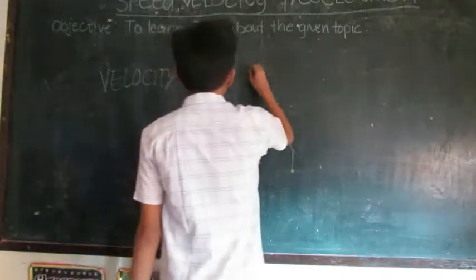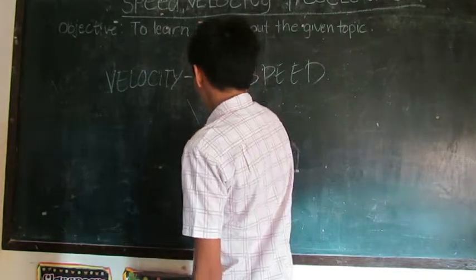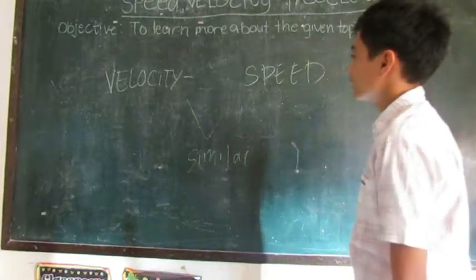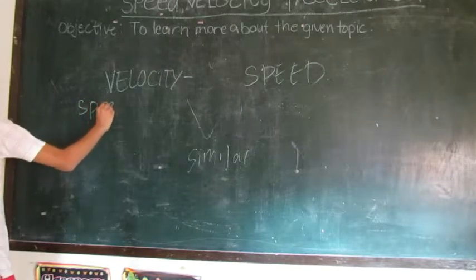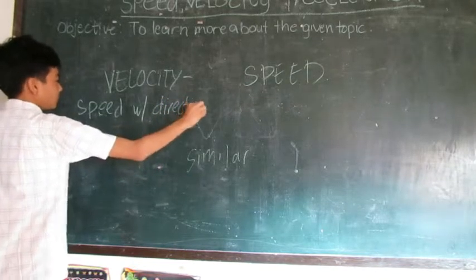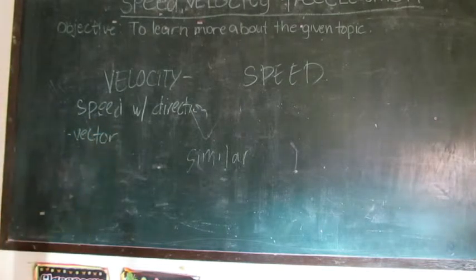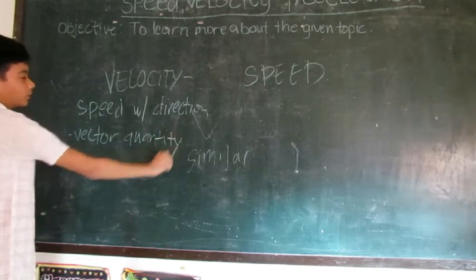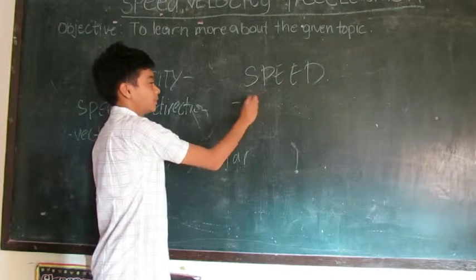Velocity and speed are both similar, but the difference is velocity is speed with direction. So velocity is a vector quantity, while speed is only a speed.